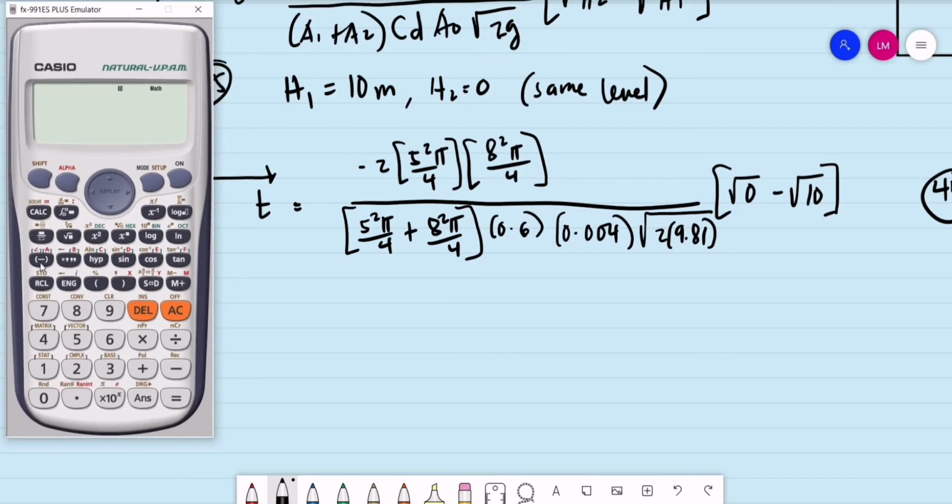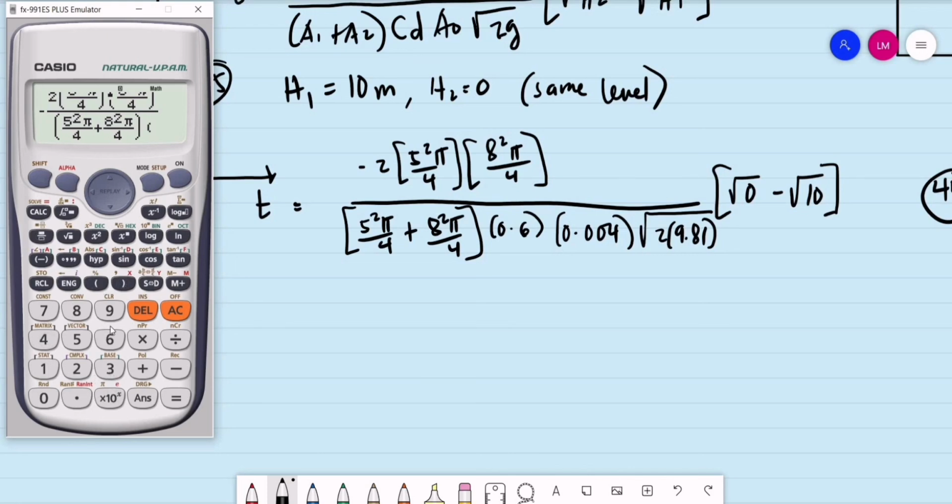Okay, so this is negative 2. That is 5 squared pi over 4 multiplied by area 2, yung second tank. Okay, this is 8 squared pi divided by 4. Okay, to be divided by yung sum of the cross-sectional areas ng dalawang tangke. 5 squared pi over 4, plus, that is the 8 squared pi divided by 4.